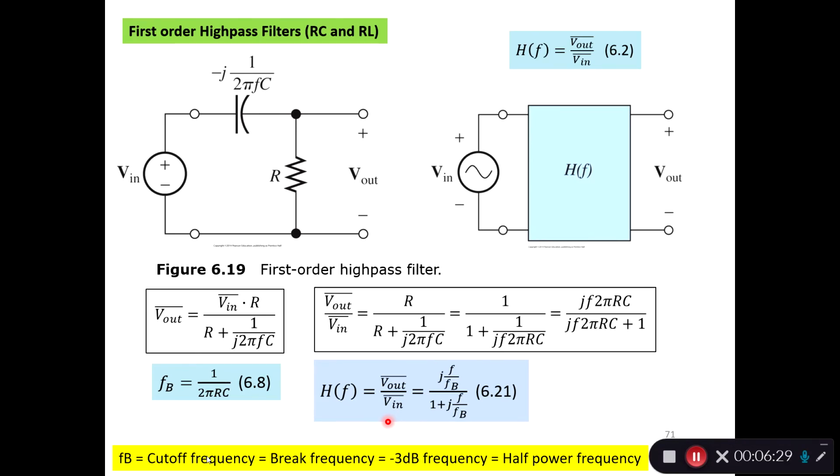Comparing to the low-pass filter, at the low-pass filter we only had a 1 up here. But now for the high-pass filter, we actually have this complex value up here going in. This is the change to it.